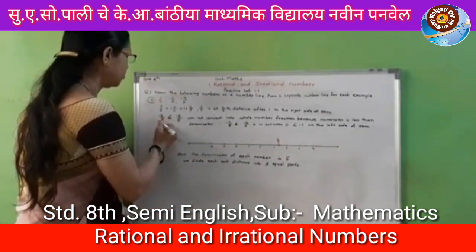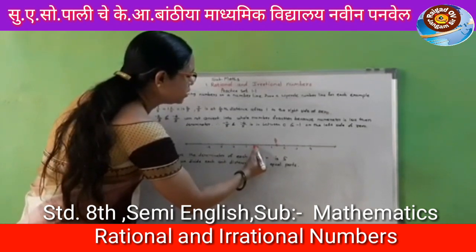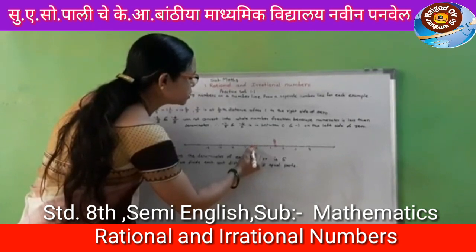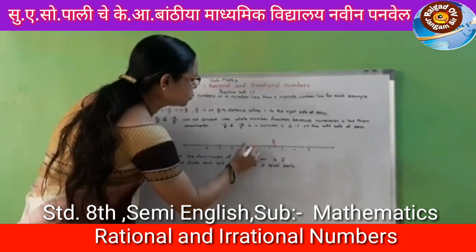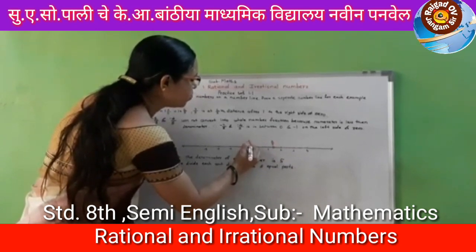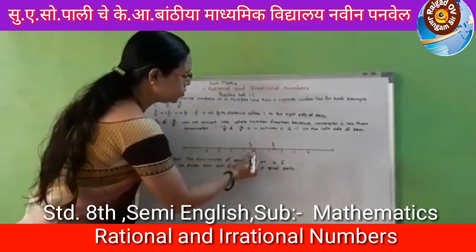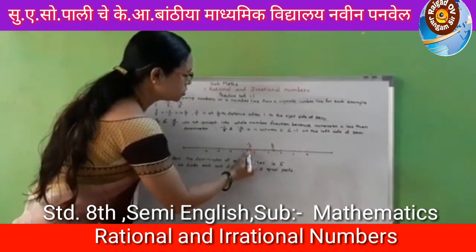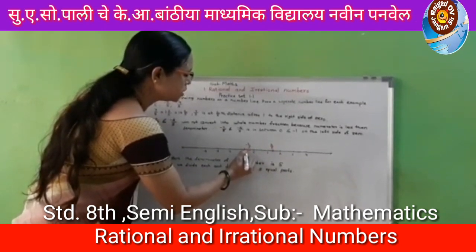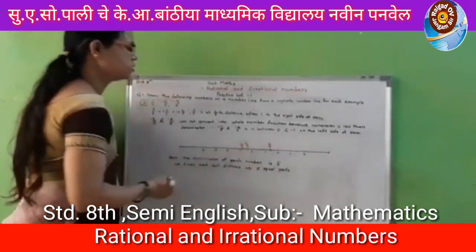Plot minus 2 by 5: 1 and here 2. Therefore, here is minus 2 by 5, and to show minus 4 by 5, 1, 2, 3 and here is 4, here minus 4 by 5.